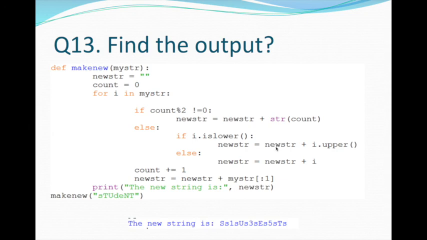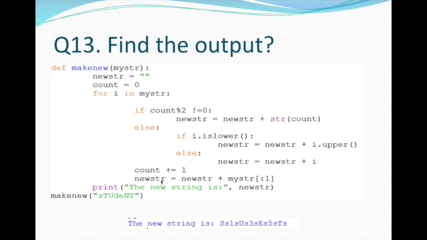Initially in the new_str no values are there, plus i.upper, that is changed to uppercase, so it is capital letter S. So in this case new_str is changed to capital letter S. Then the count value is incremented to 1. Initially it is 0, now it is changed to 1.